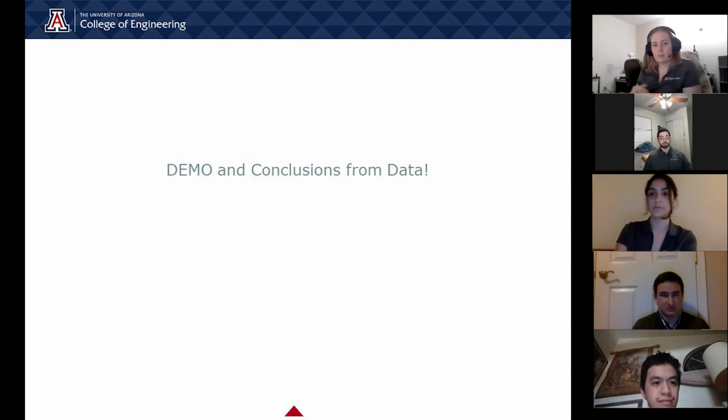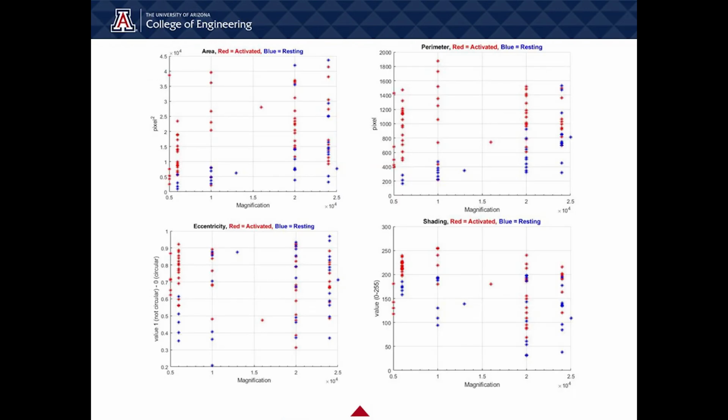Great. Now for a demo and some conclusions that we were able to make from the data. To start off with some conclusions, here I have 4 different plots of resting and activated platelets at different levels of magnification. And here I have 4 different features that our design is able to calculate, which are area, perimeter, eccentricity, and shading.